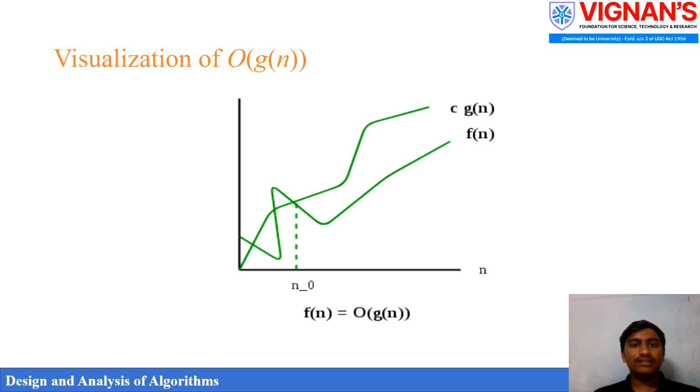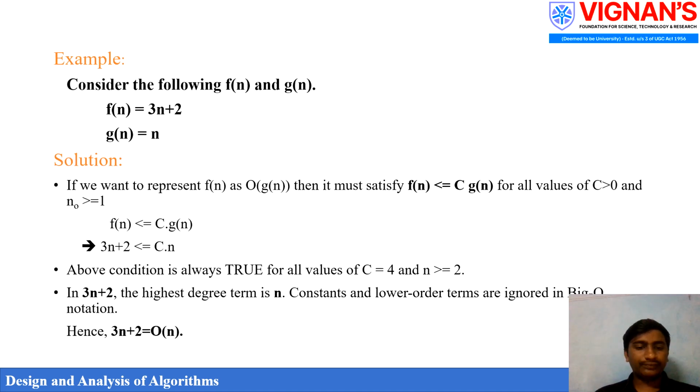The graph represents the visualization of big O notation. In the example, f of n is 3n plus 2 and the dominant term is g of n equal to n. Coming to the solution, if you want to represent f of n as big O of g of n, then it must satisfy f of n less than or equal to constant c into g of n, with c greater than 0 and n naught greater than or equal to 1.